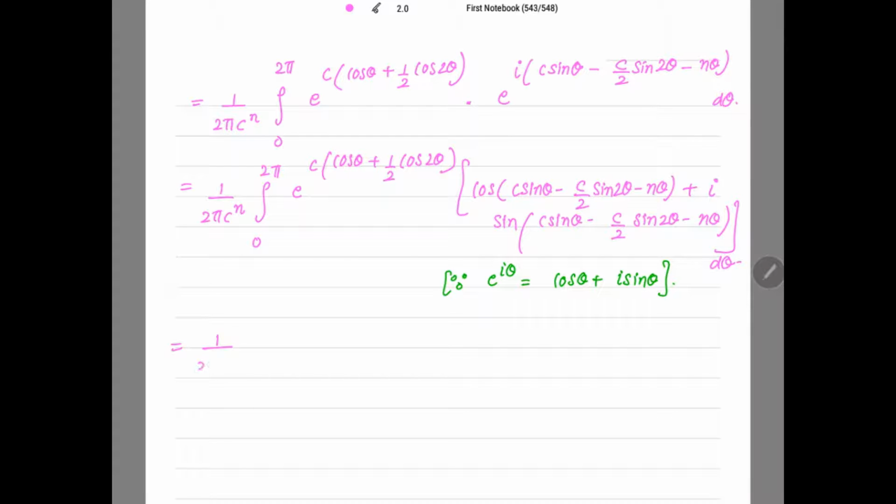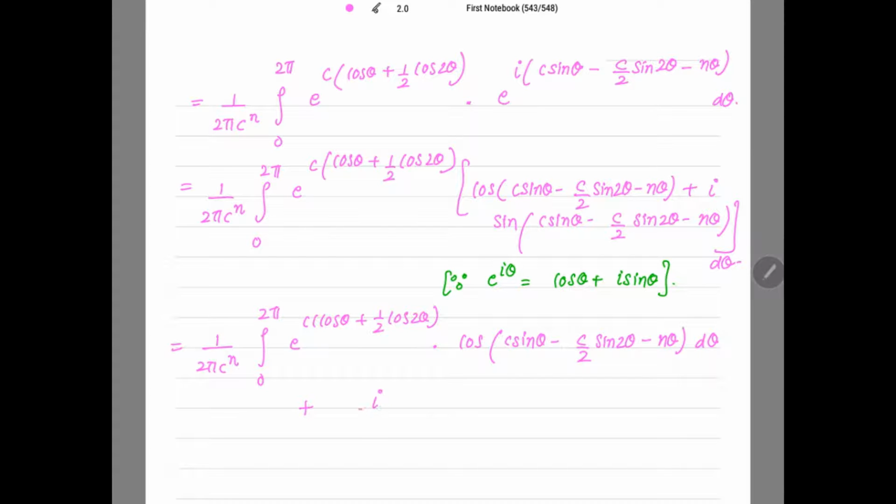So this is 1 over 2 pi c to the power n, 0 to 2 pi, e raised to the power c cos theta plus 1 by 2 cos 2 theta into cos of c sin theta minus c by 2 sine of 2 theta minus n theta, d theta. This is one integral, right? Plus again the integral with the imaginary part.